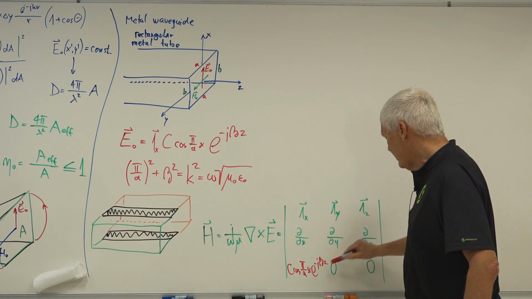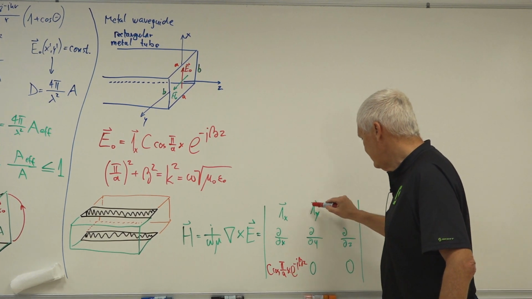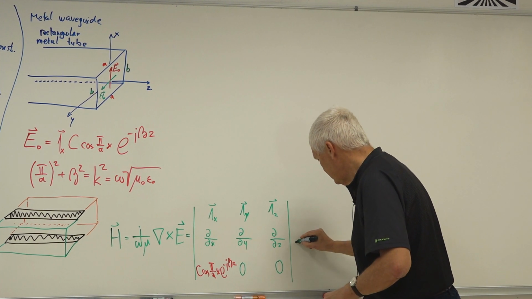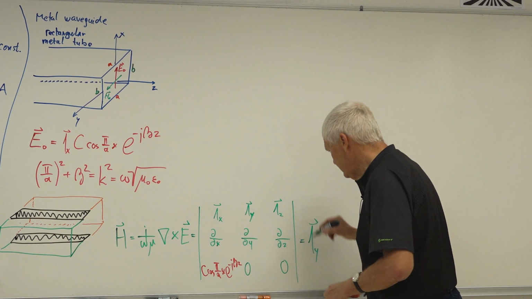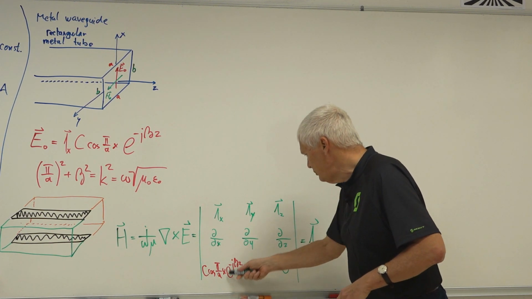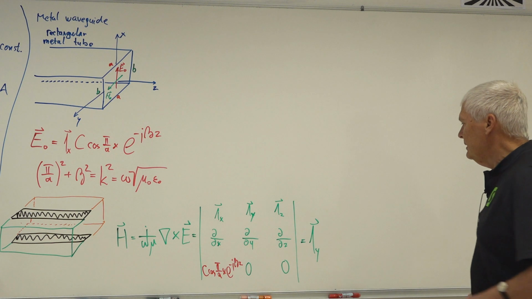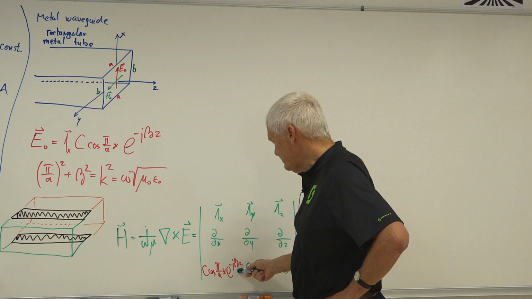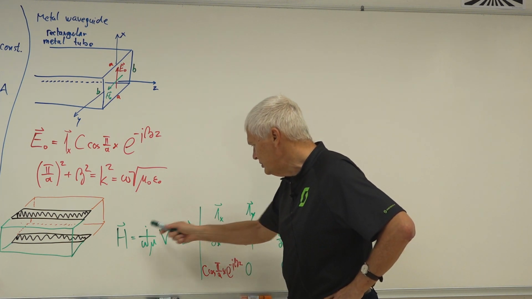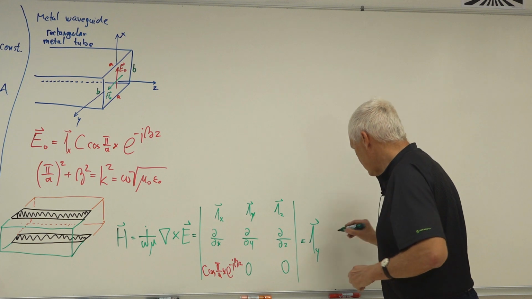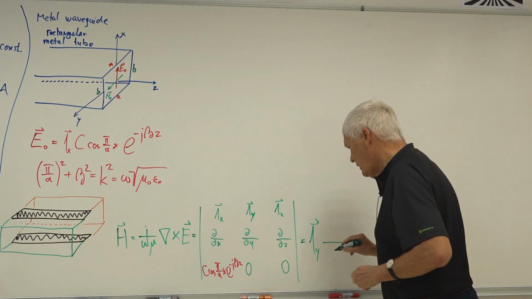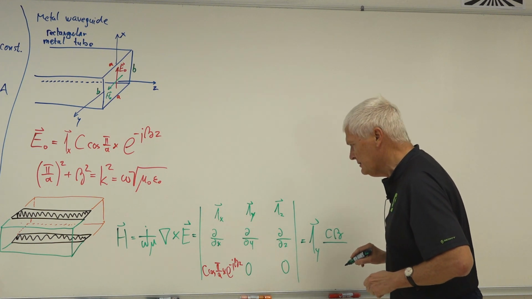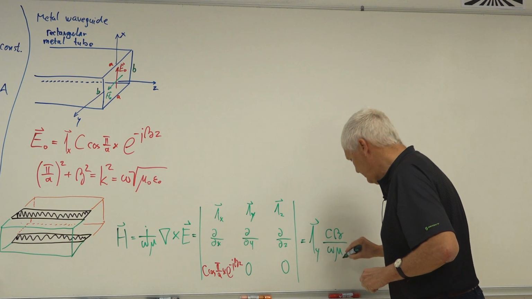There is a y component because this has the derivative over z. This derivative is plus, while this derivative is minus. Derivative over z gives minus j beta, and minus j beta times j is 1. So the constant here is our constant times beta over omega mu.